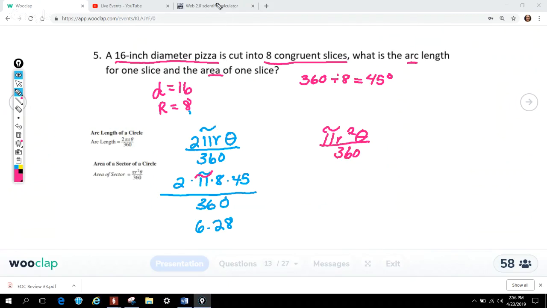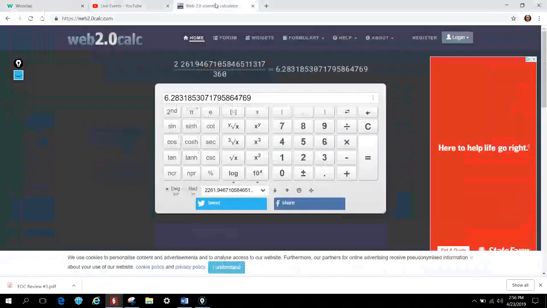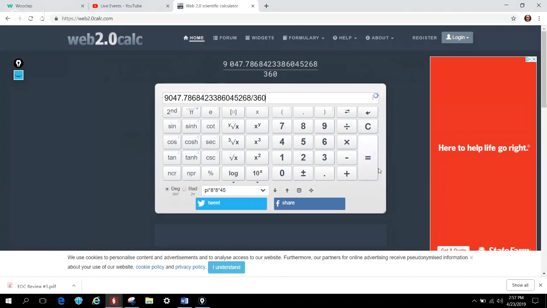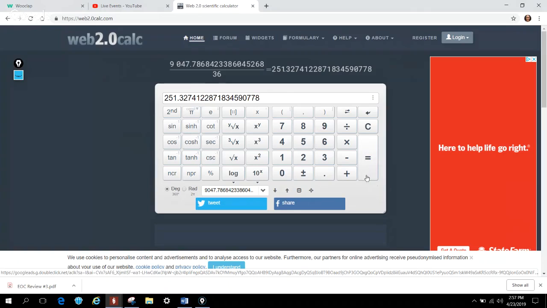So I'll go back to my calculator and type in pi times my radius, 8 times 8, times my angle measure, 45. Hit the equal sign, then divide by 360. You should get 25.13. That was number 5, but number 5 had 2 parts. One asked for the arc length, one asked for the area.